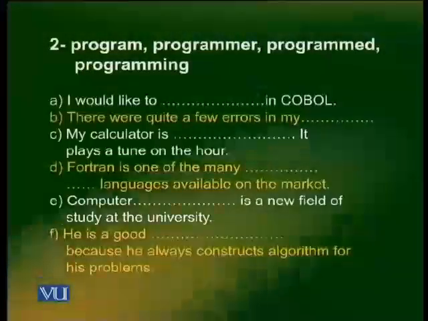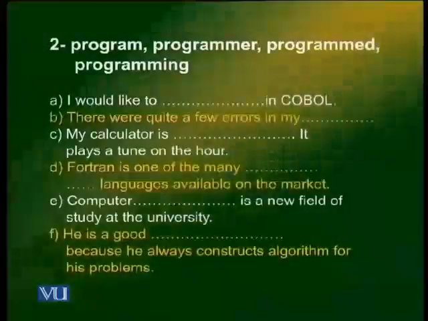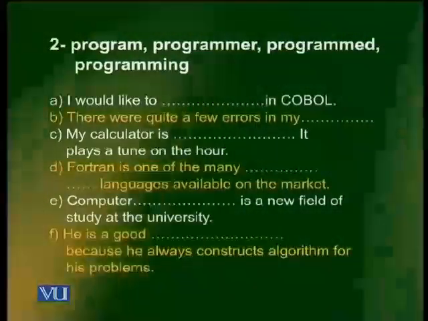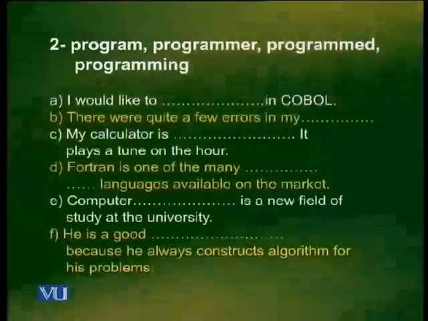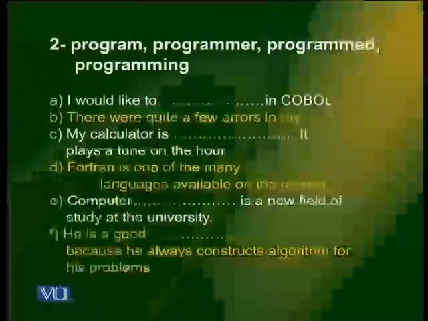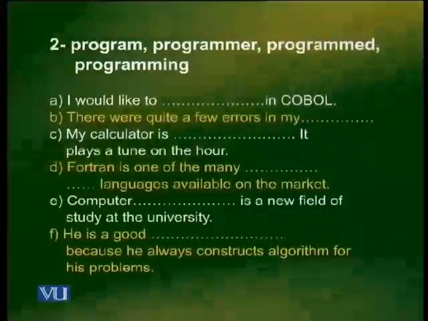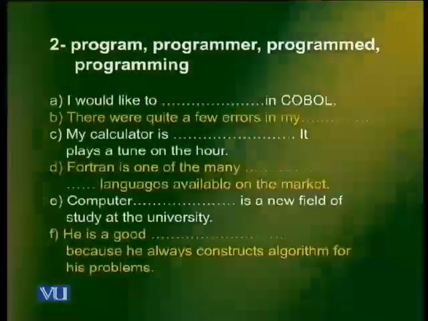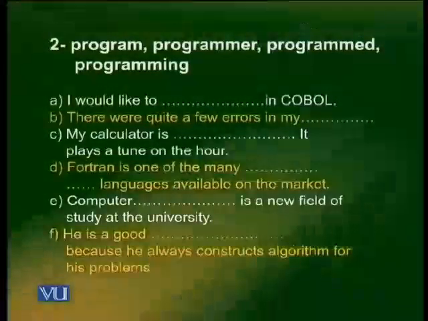My calculator is, it plays a tune on the hour. My calculator is programmed. You've got a clue over there. The verb is. So it has to be the word that goes with the helping verb, programmed.